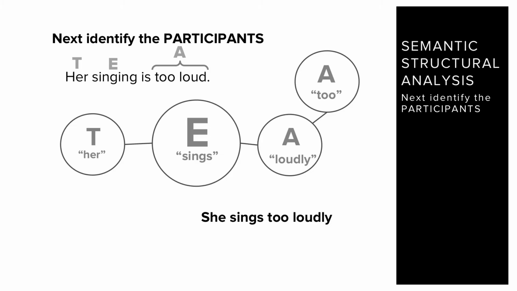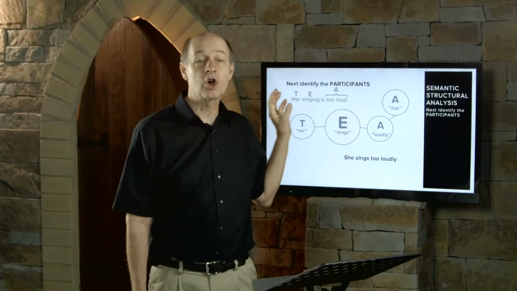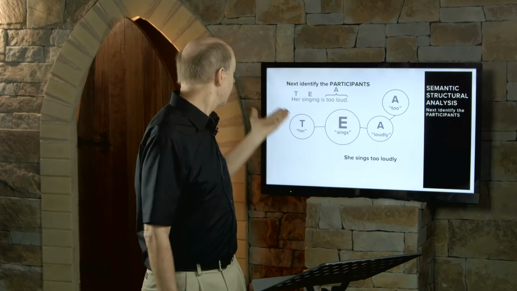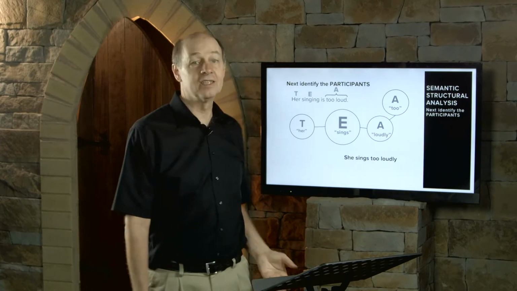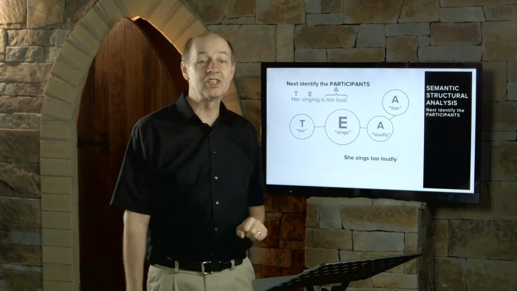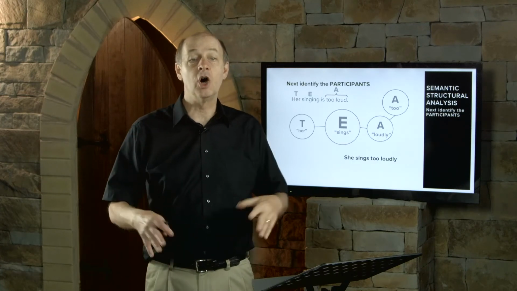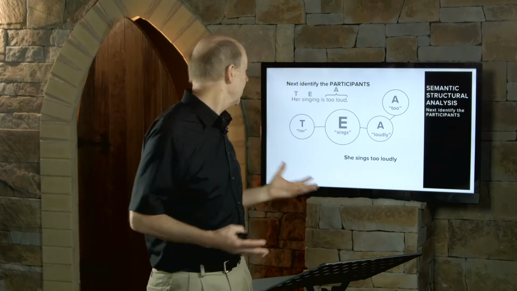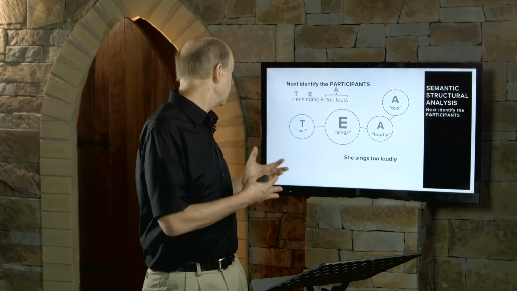The next example, her singing is too loud. The event is singing, and the thing associated is her. Now, we're not going to leave it as her singing. That's actually skewed because, first of all, the event is a noun grammatically, and the thing is a possessive pronoun, as if she owns her singing or she carries her singing around with her. And it's something that she does, it's not something that she has.